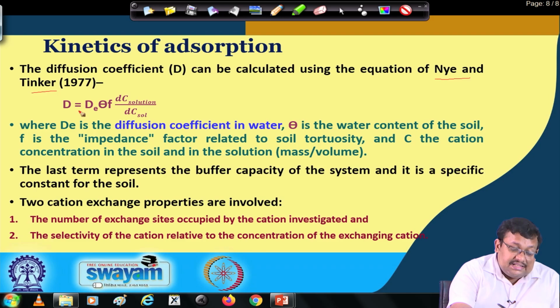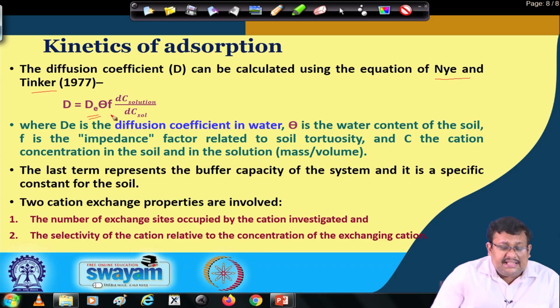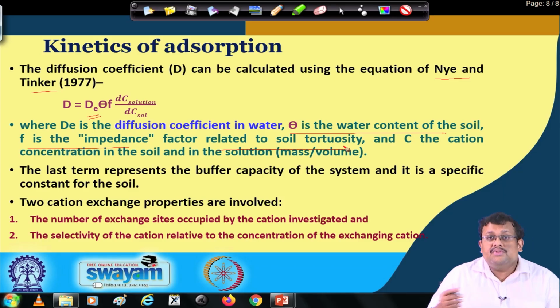So, you can see that D equals D_e times theta times f times dC_solution by dC_sol. Here, D_e is the diffusion coefficient in water, theta is the water content of the soil, and f is the impedance factor related to the soil tortuosity.